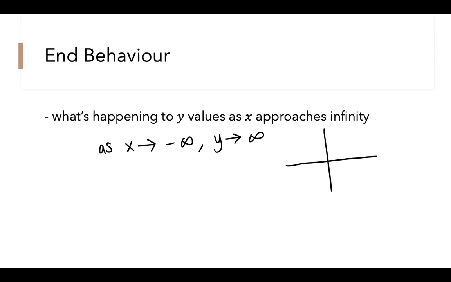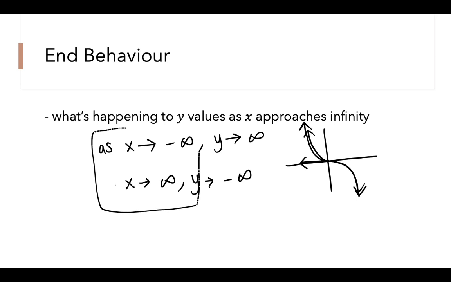So in this case, it looks like this. As x approaches negative infinity, as I go this way, y is going to keep increasing. And then as x approaches positive infinity, as x increases, y is going to go down. So y approaches negative infinity. This is a standard statement that you have to make for end behavior.